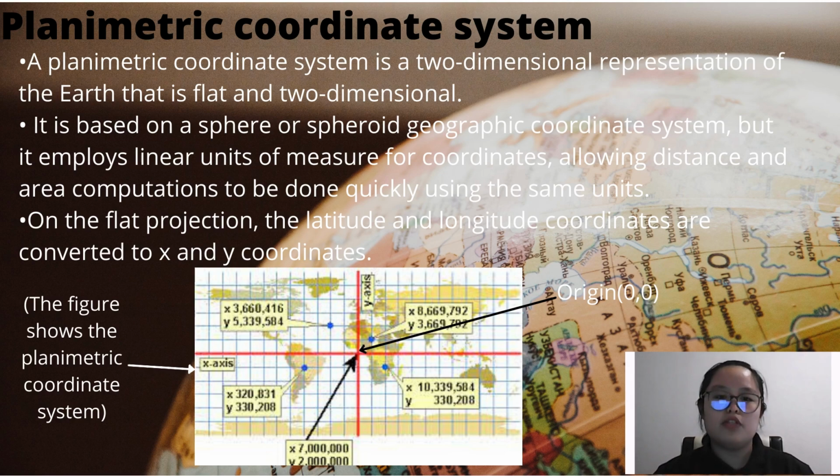On the flat projection, the latitude and longitude coordinates are converted to x and y coordinates. The x-axis is the central line that runs east and west, and the y-axis is the central line that runs north and south. And the origin is located at the intersection of the x and y axes and has a coordinate of 0,0. And the figure shows the planimetric coordinate system.